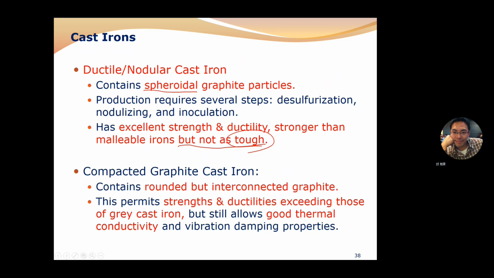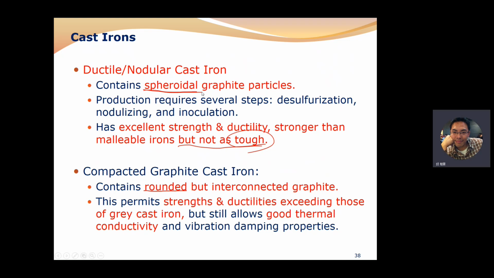Then the compacted graphite cast iron contains rounded, you look at these keywords, rounded or spheroidal, but interconnected graphite.